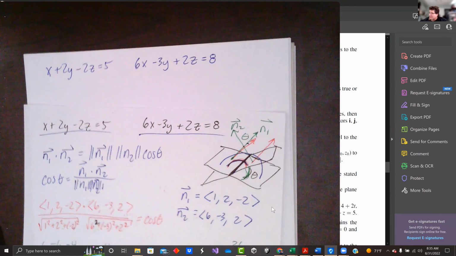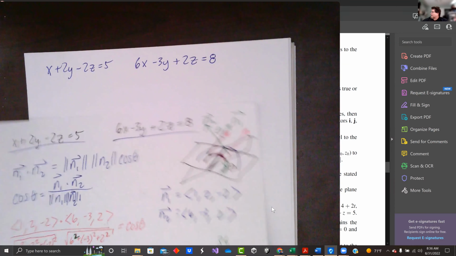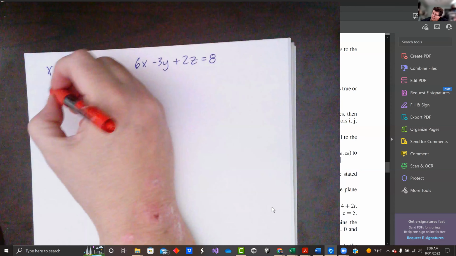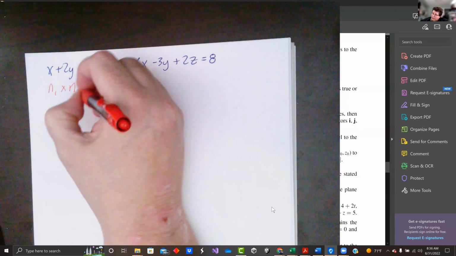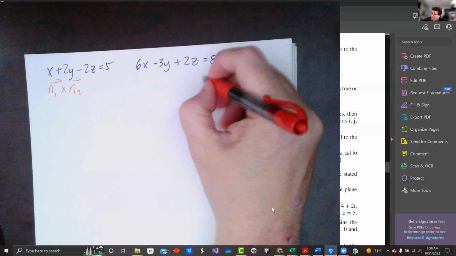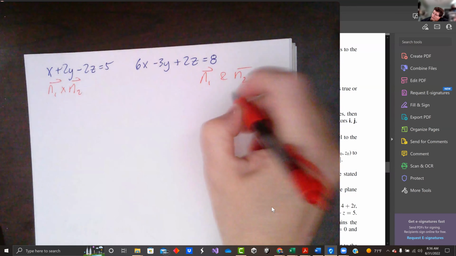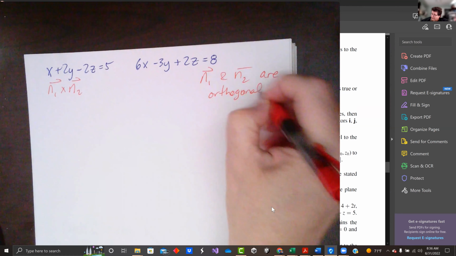So we can find the vector for the line of intersection using cross product. So that's what we'll do. N1 cross N2. N1 and N2 are orthogonal to the line of intersection.